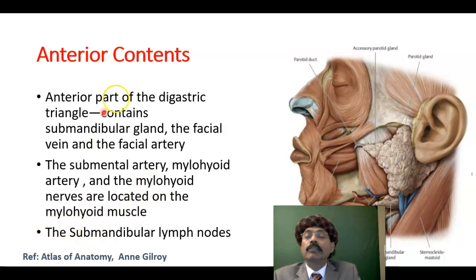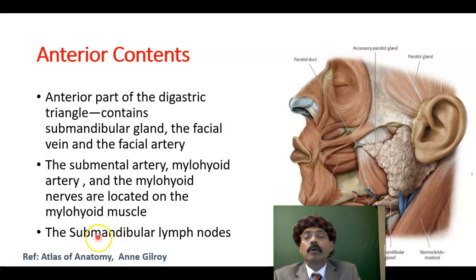We have here among the anterior contents the submandibular lymph nodes. These are located superficial to the submandibular gland, with some variation in exact location. It is a big area of lymphatic drainage.